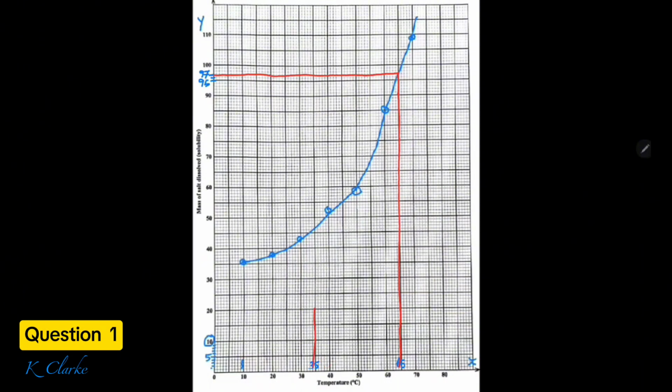Then, we're going to draw a vertical line upward until it touches the curve. Now, you're going to draw a horizontal line towards the y-axis. Halfway between 40 and 50, that's 45. And then the next line would be 46 grams.